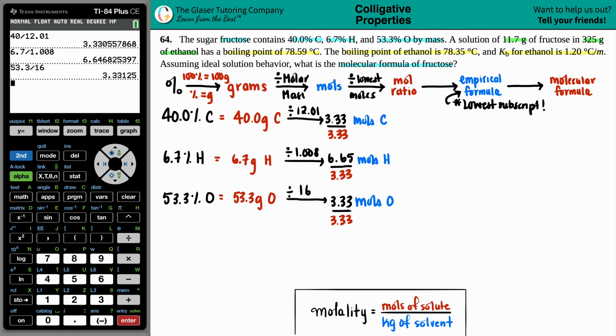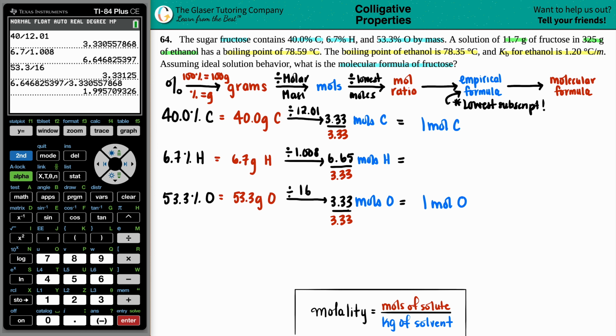Two of them I already know the answer is 1, right? So I get 1 mole of carbon and 1 mole of oxygen. But if I just take this number that I found and divide it by the 3.33, I get a really close number to 2.